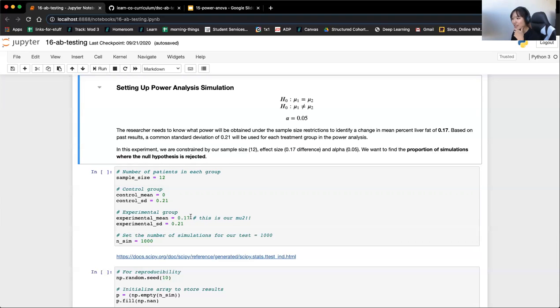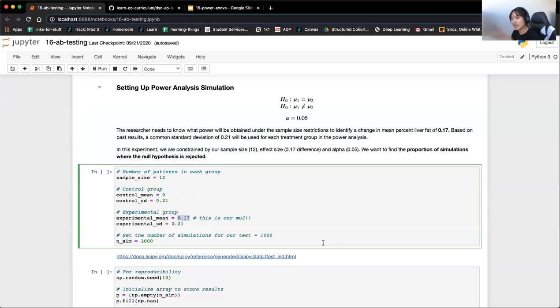And then here we have our experimental group. In this case, we are now going to say that yes, there is a difference of 0.17, and we're going to run simulations to see how many times this null hypothesis is actually rejected. I'm going to repeat that again.